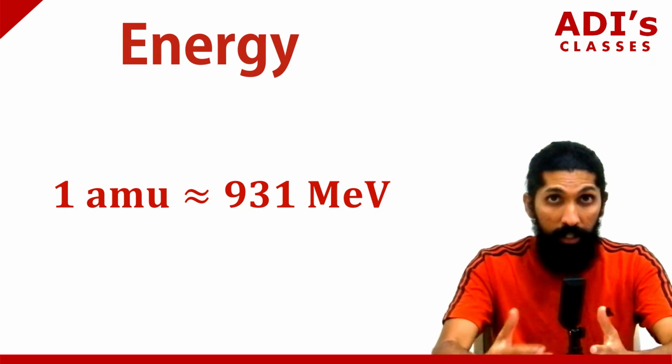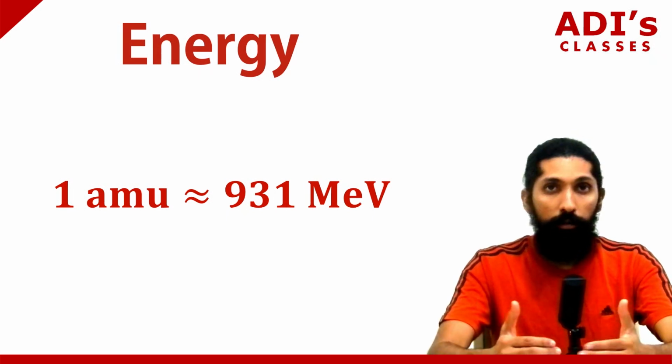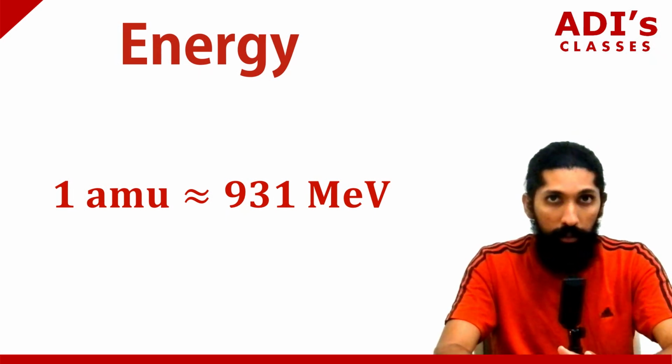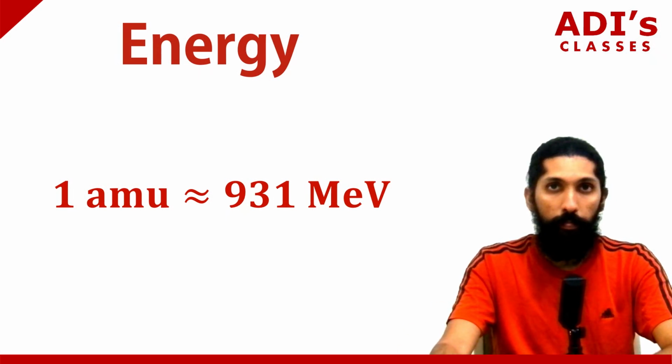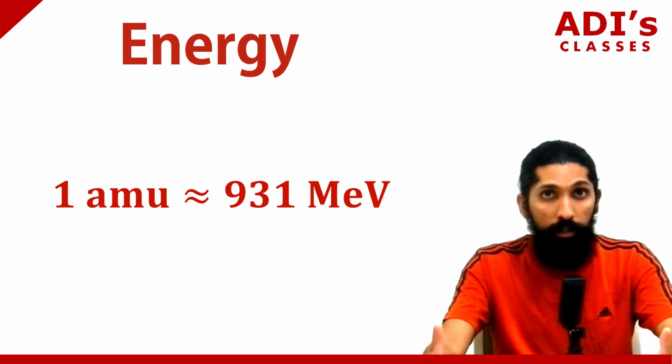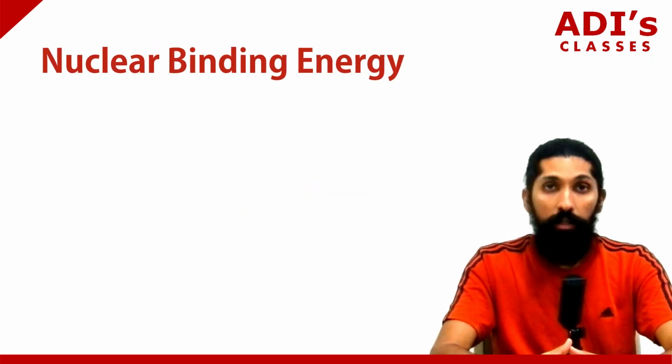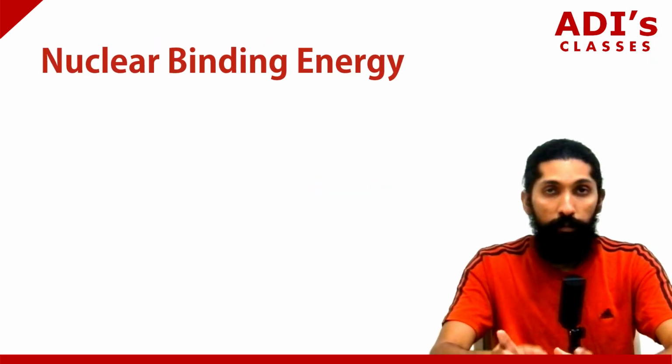Once you have that energy equivalence, whenever you have a reaction, there is a mass defect, and that mass defect turns out to be energy, correct? Energy in binding the nucleons. This is where the binding energy is very, very important.